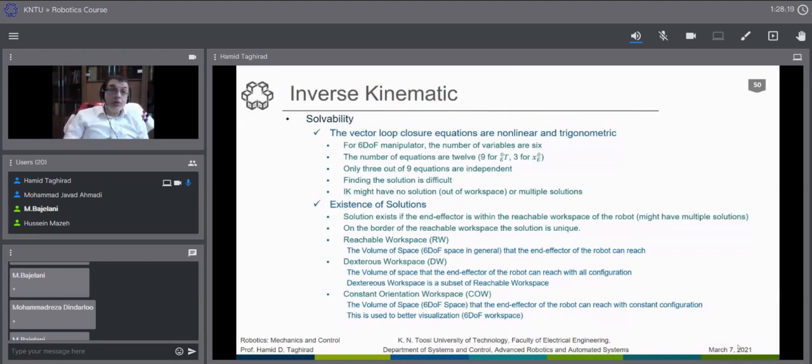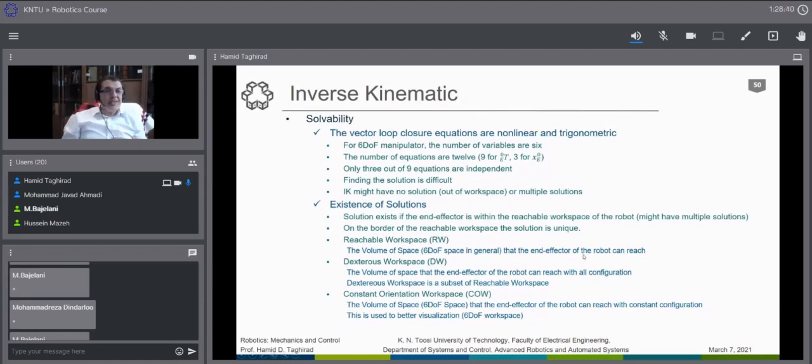So you need a robot that can move 2 meters by 2 meters in space. So you should pay for that. And the workspace of the robot is very important. Reachable workspace is the volume of space, in 6 degrees of freedom of course, in general, that the end effector of the robot can reach.